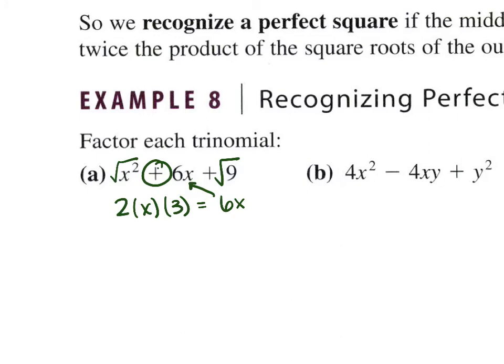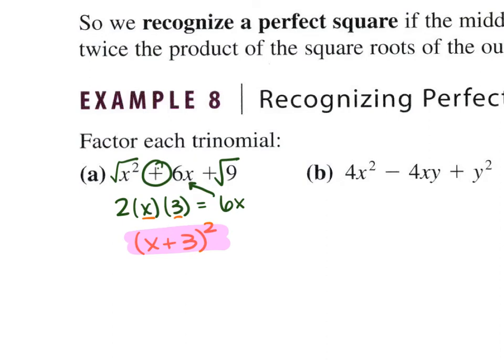If that's the case, this is a perfect square trinomial, which means keep the middle term's sign, and then put what you multiplied the 2 by around that sign, put parentheses on it, and square it. So this is just x plus 3 squared.